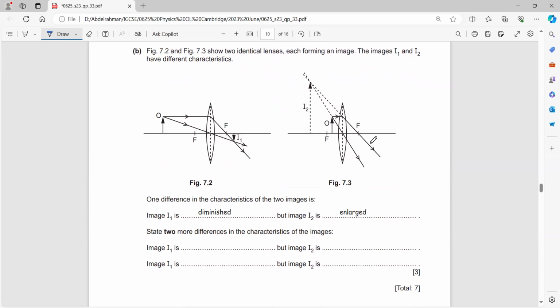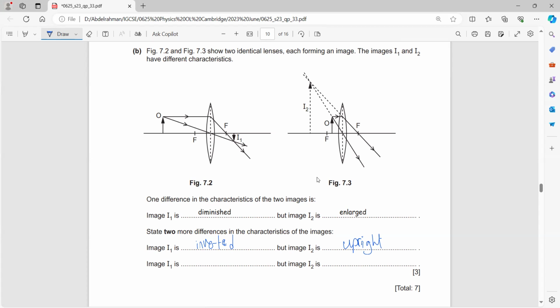Here we have two images. Image 1 is diminished, but image 2 is enlarged. State two more differences. Image 1 is inverted, but image 2 is upright.